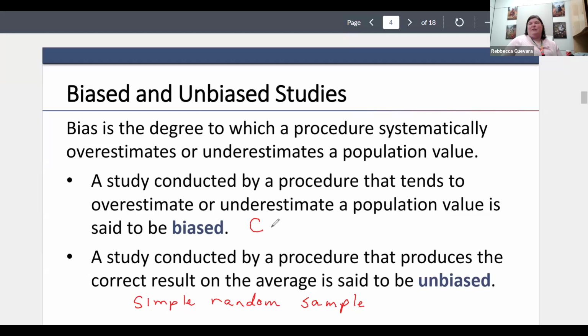Sorry, my pen is not writing very well in here. If you do convenience sampling, that one tends to be more biased, because you're gathering a population that's going to tend to be one way or another.